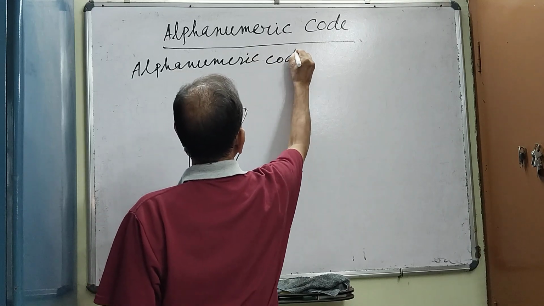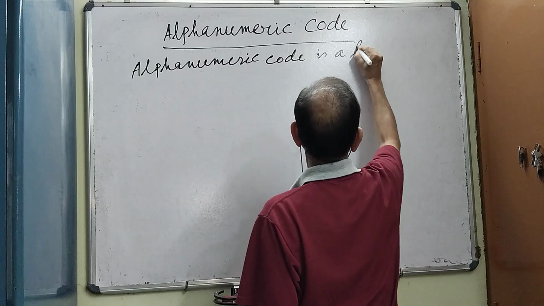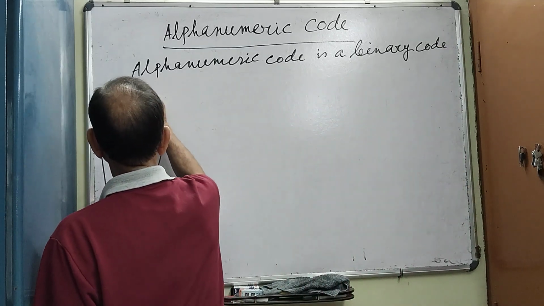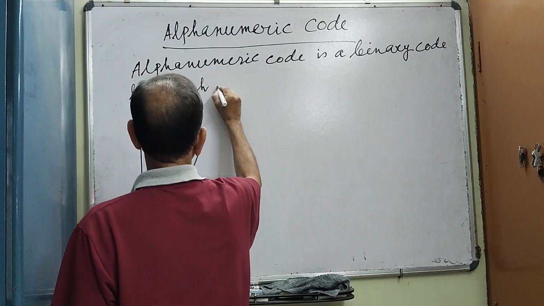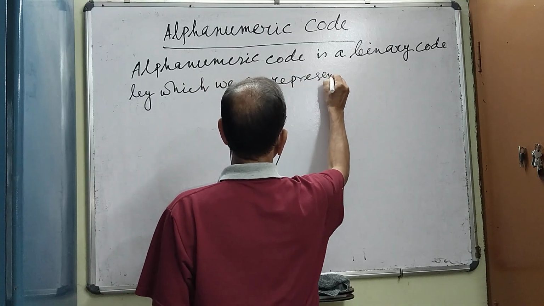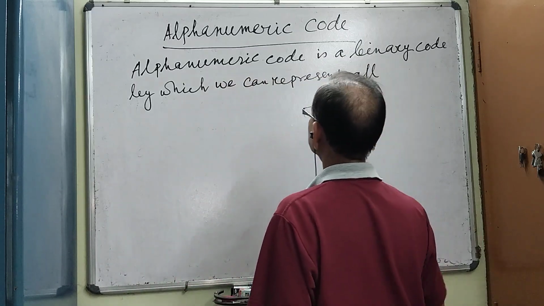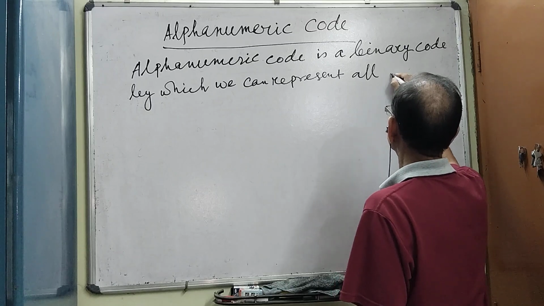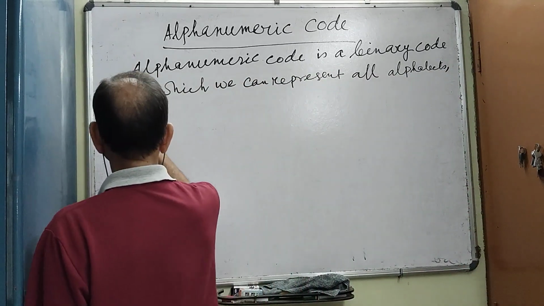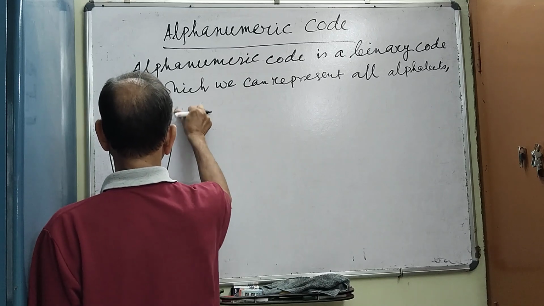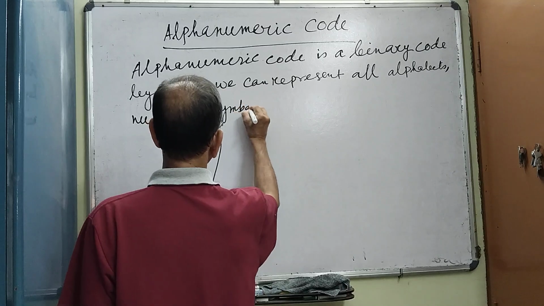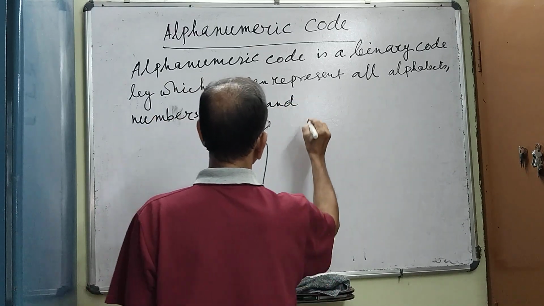Alphanumeric code is a binary code by which we can represent all alphabets, numbers, symbols, and punctuation.